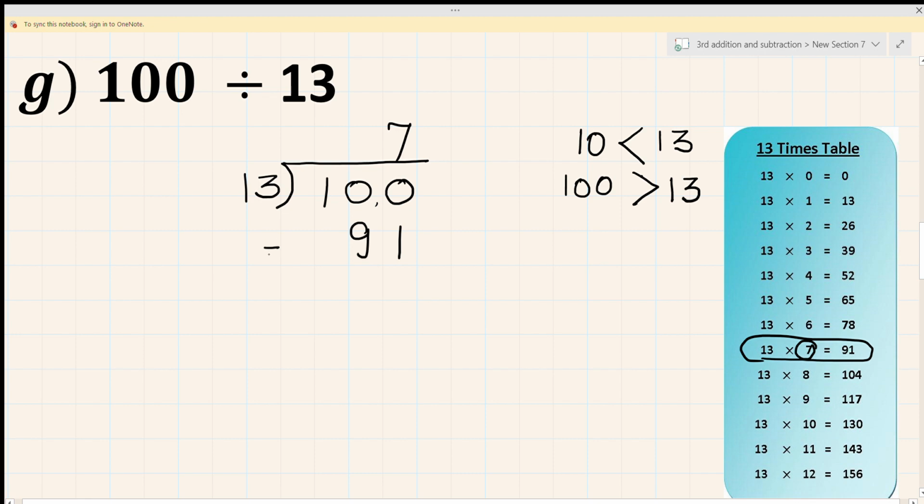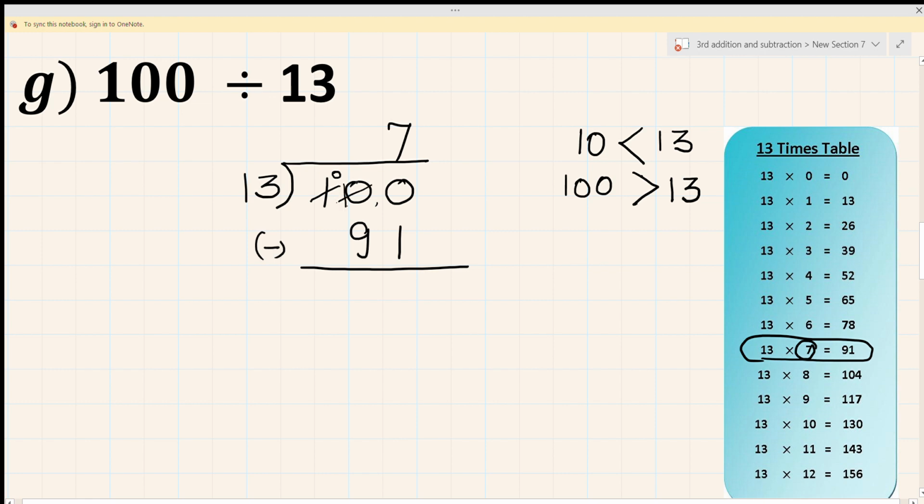Now subtract the numbers. Yes, here 0 minus 1. We cannot subtract this. So we have to borrow from the next digit. The next digit is also 0. So we have to borrow from the hundreds place.